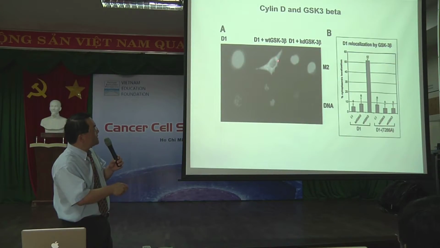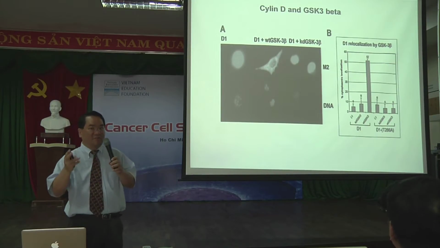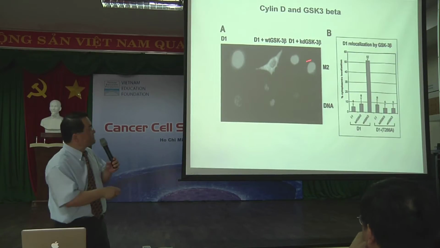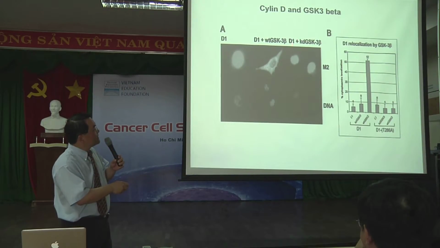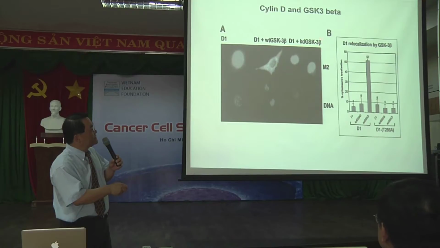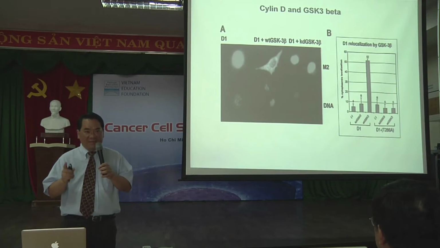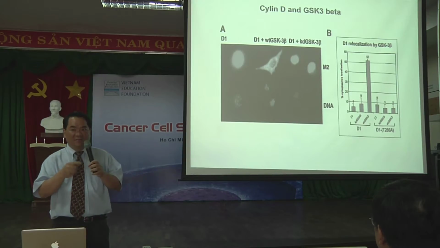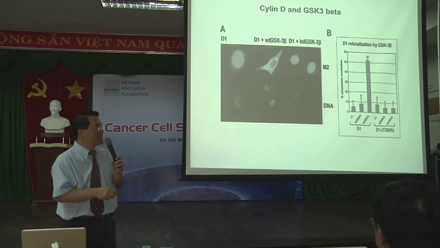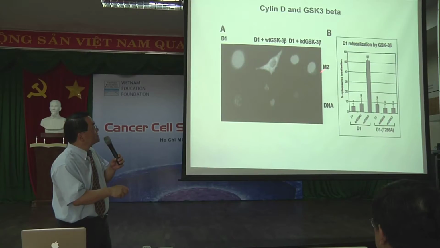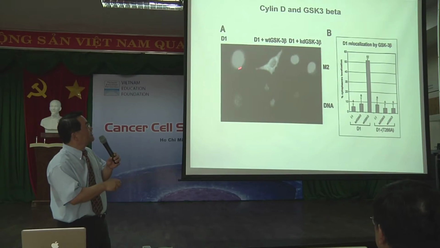Cyclin D1 is mislocated into the cytoplasm. But if cyclin D1 is co-transfected with the kinase-dead mutant, which does not have any kinase activity, cyclin D, just like the non-transfected with GSK3 beta, is still located in the nucleus.